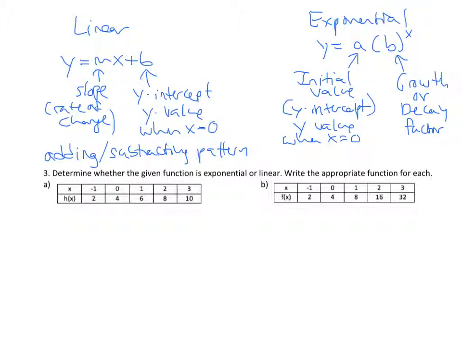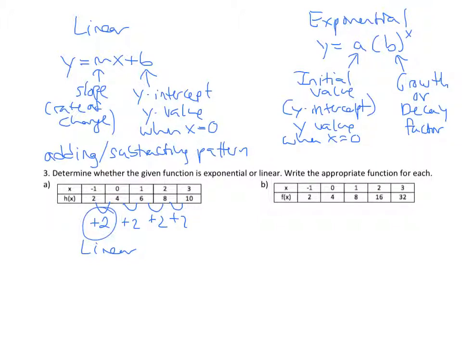Okay, so looking at these tables, we have x values increasing by 1, so we look at the relationship between the y values, and in the first table, it looks like we are adding 2 from one y value to the next. Since it's an adding pattern, this is going to be a linear relationship, and the slope is going to be 2.